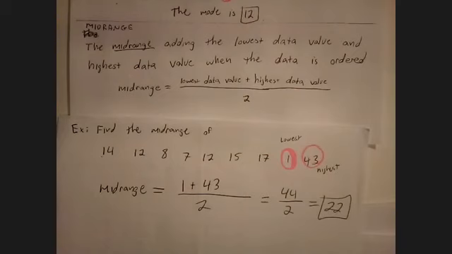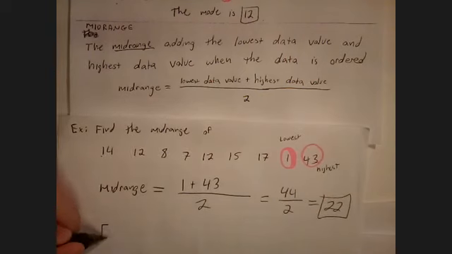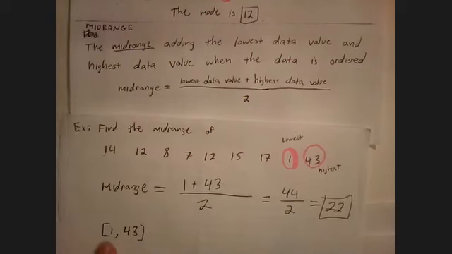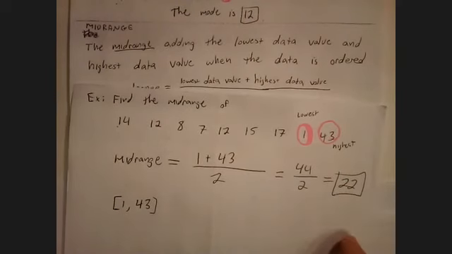And so the mid-range is 22. It just means if we take this range, meaning these numbers span from 1 to 43, if we found the direct middle of that, it is 22. That's it. That's all that really means.